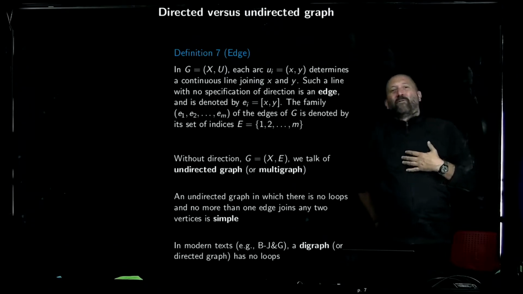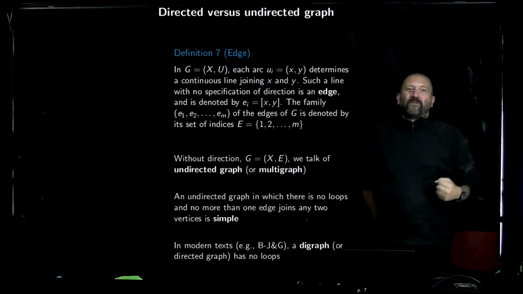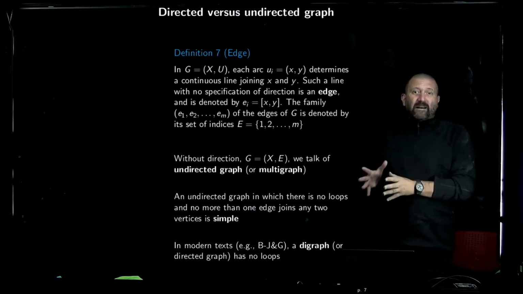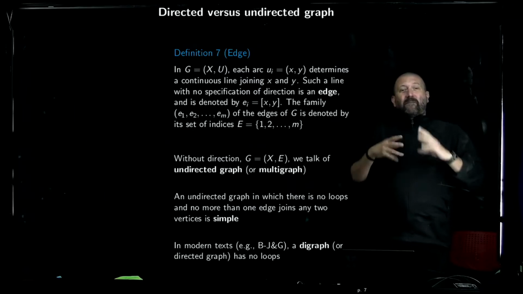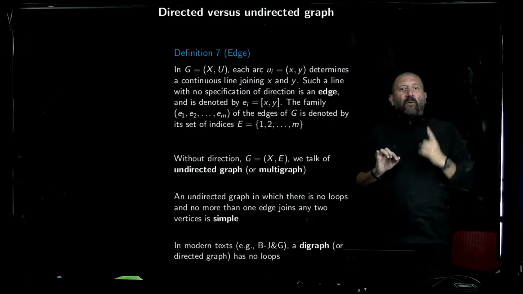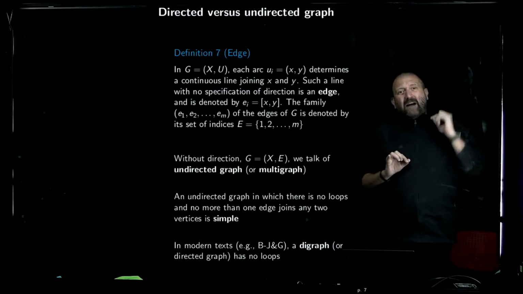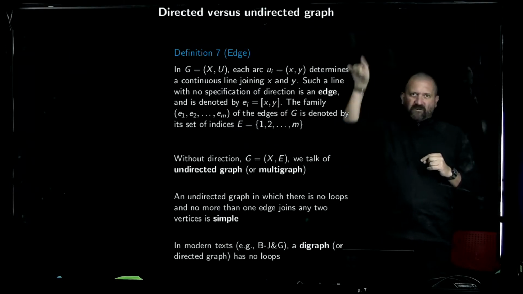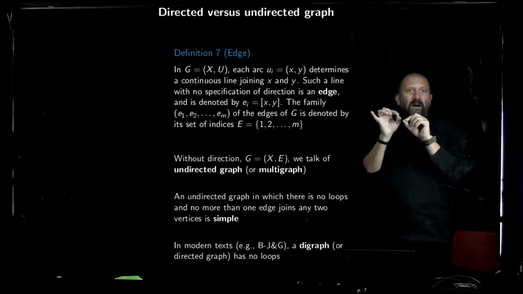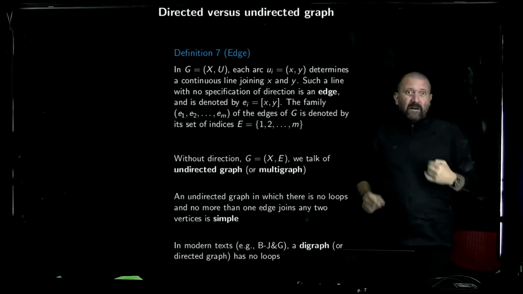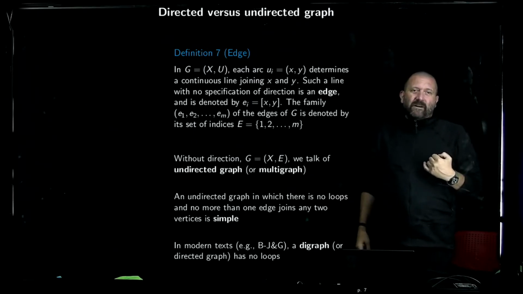In more modern texts, typically what we call a digraph or directed graph is a graph that has arcs, so that has a direction, but also has no loops. So remember, we saw that a loop was a structure that ended up back at itself. If we have no such arrow, then we have a digraph.